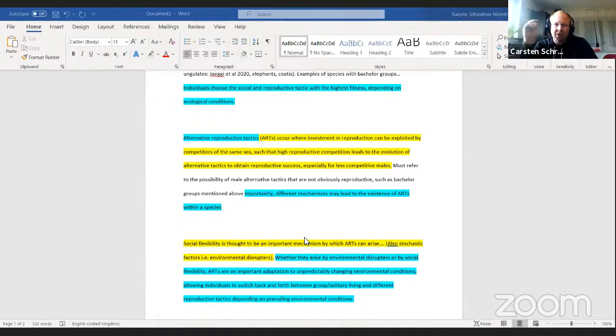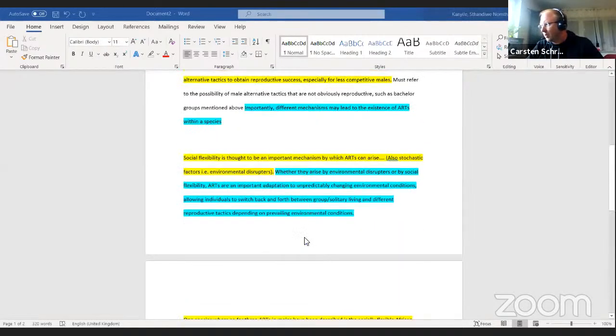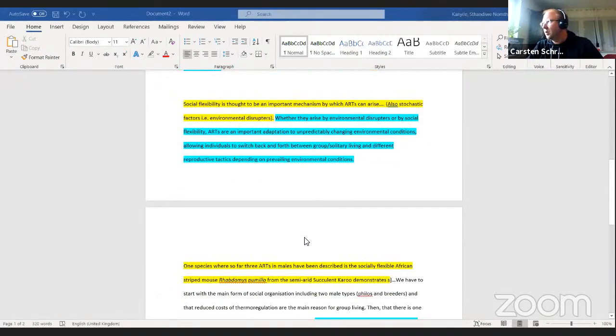Remember, every sentence always has a topic and the news. So the topic here is mechanism, and the news is social flexibility. And then the environmental disruptors, of course, you won't mention this in the topic sentence, but later.